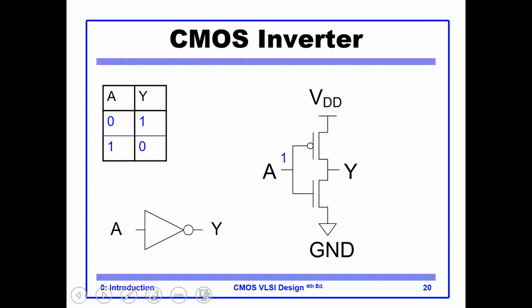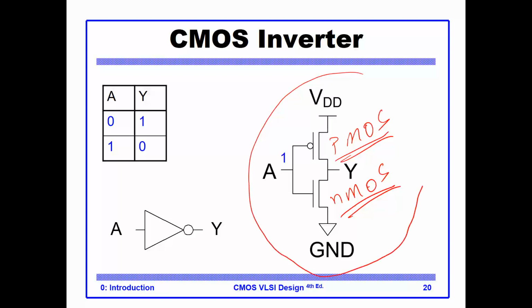So this is one example of a simple circuit that we will use and study extensively throughout this course, which is the CMOS inverter, which consists of a PMOS transistor and an NMOS transistor. We'll study what an NMOS and PMOS transistor is, but this is just a general sketch for you to understand that this is the basic inverter gate that we will study in this course.